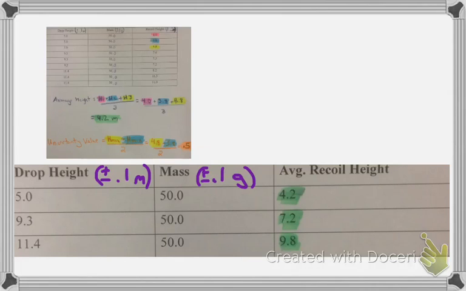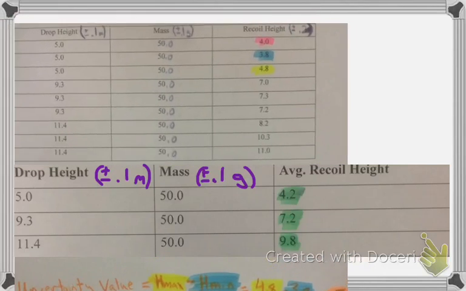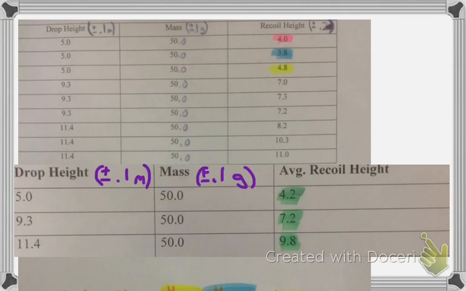Now here's the thing we have to talk about for the recoil height. We decided that the uncertainty of our trials actually varied because if you take a look over at our data table, we had a whole different range. For example, when we look at the drop height of 5, let me zoom it in for you a little bit. You notice that our data ranges from 3.8 to 4.8, by 1.